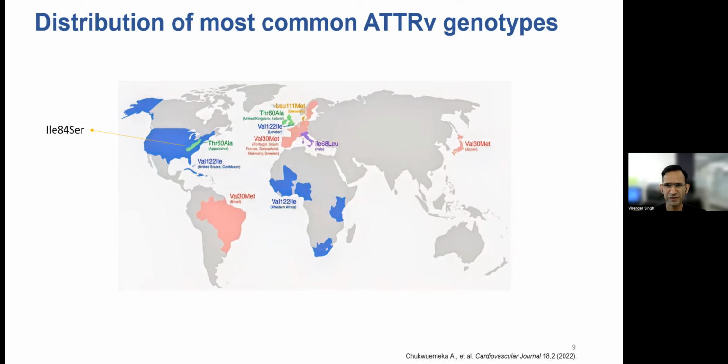Based on the geographical region, the clinical presentation is also different. In the US, most of the cases are accounted for by either T60A or V122I. But today I'll be focusing on I84S, which is a unique mutation, and I'll tell you about it in more detail in coming slides.